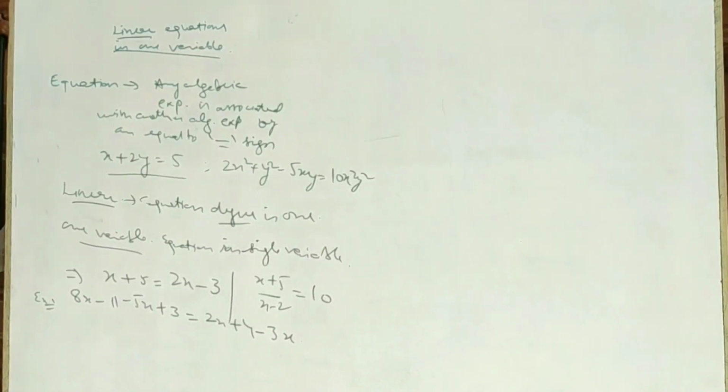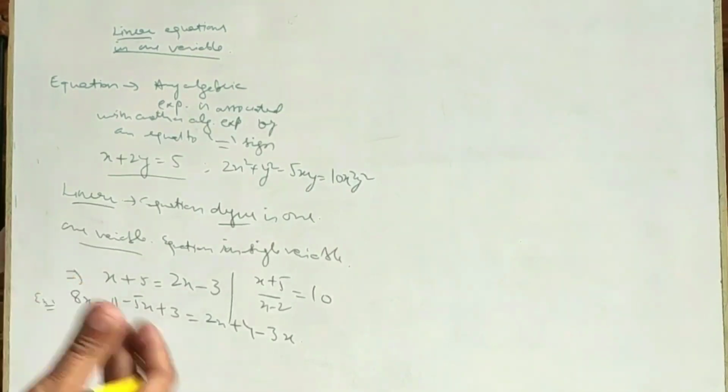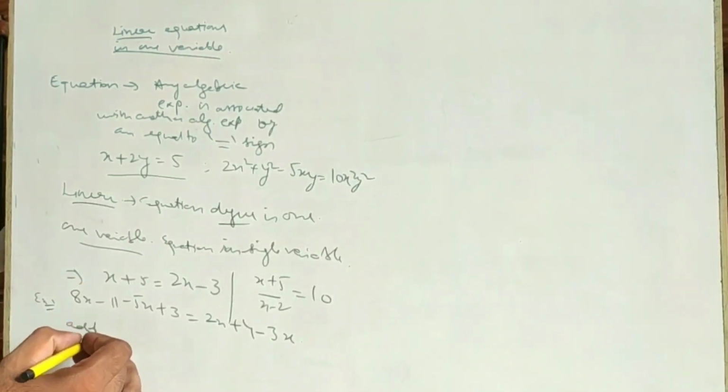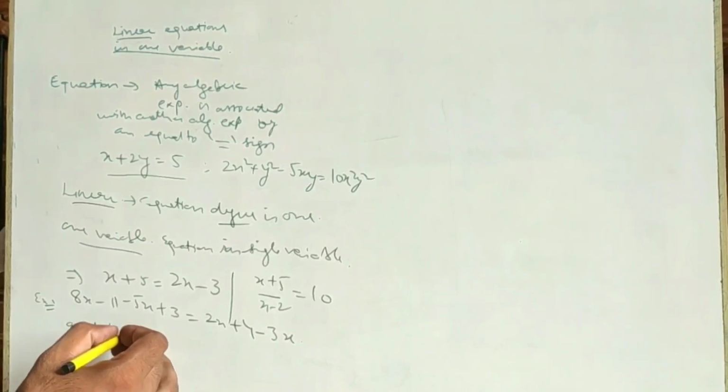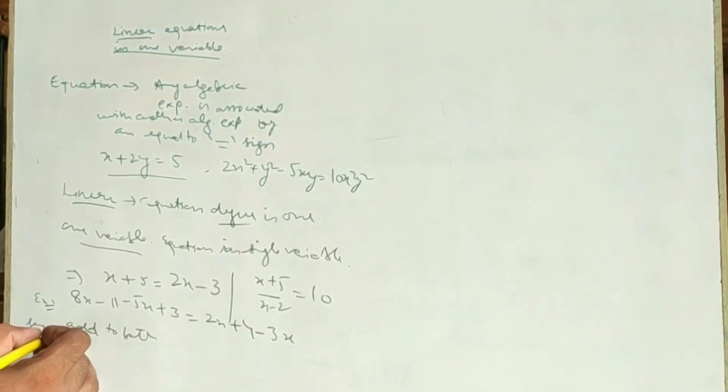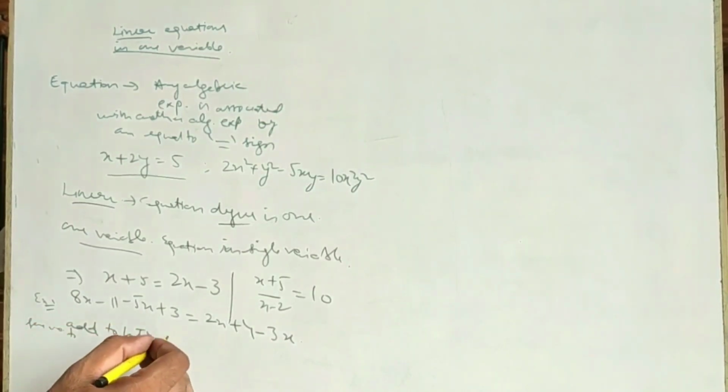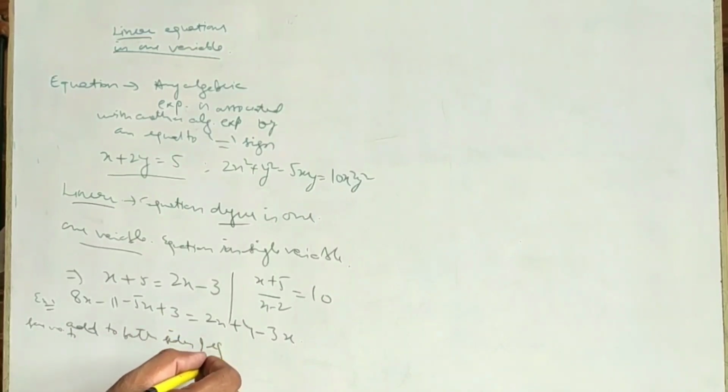Now, to solve this type of example, we know that we can do something called transposing. We can add the same number to both sides of the equation.